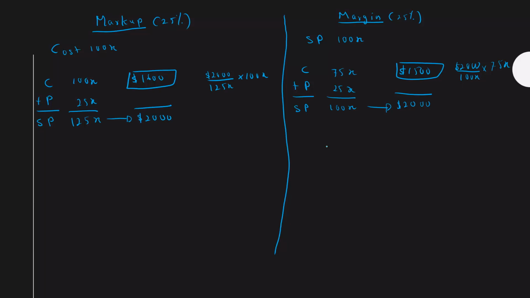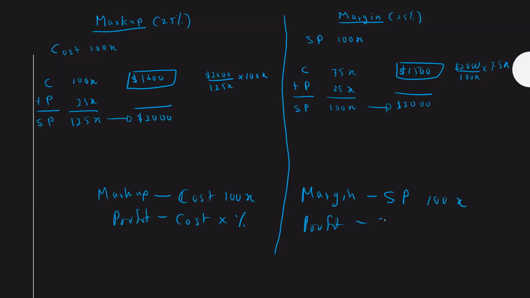If I am giving you a small summary, what you have to remember: under the markup method, always assume cost as 100x, and the profit will be calculated as cost into the percentage. Don't forget, under the margin method, always assume selling price is 100x, and your profit will be calculated as selling price into the percentage.